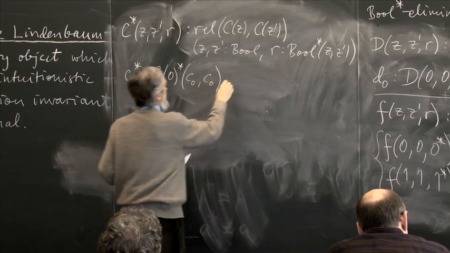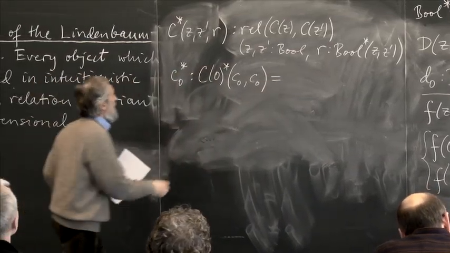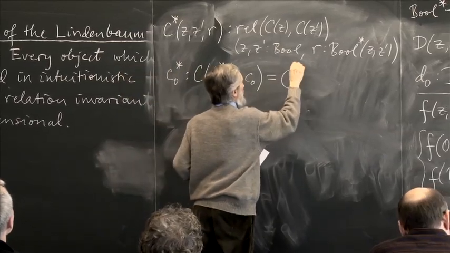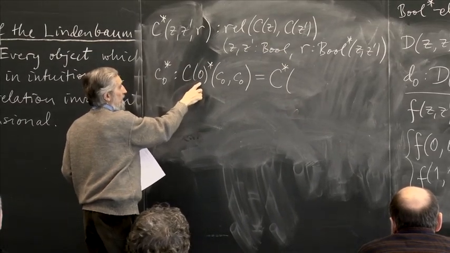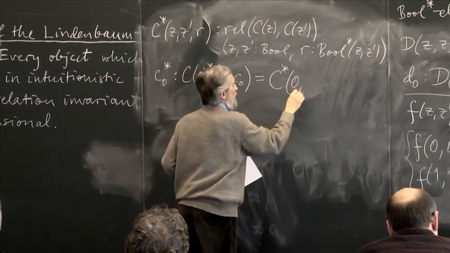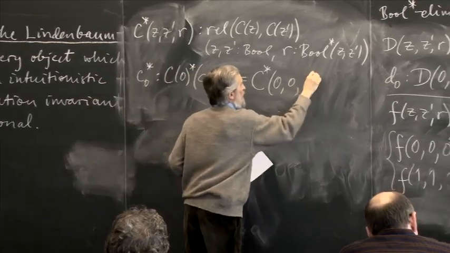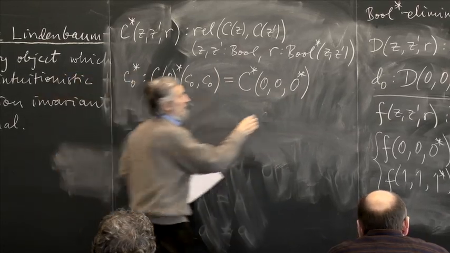And here, this I will rewrite now immediately using a substitution property as C star. So this is a substitution here, and there is a general rule that you may rewrite such a substitution in the way I did just now.